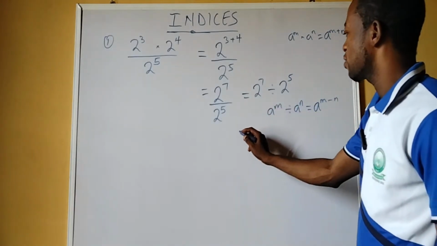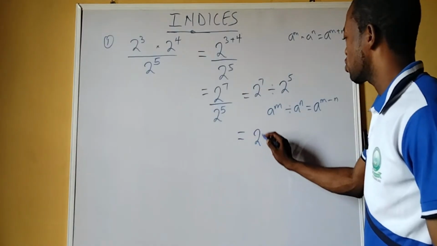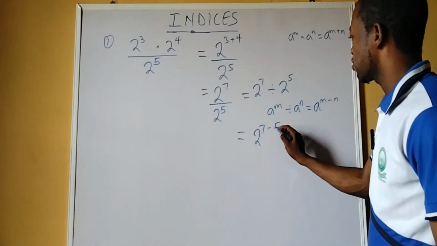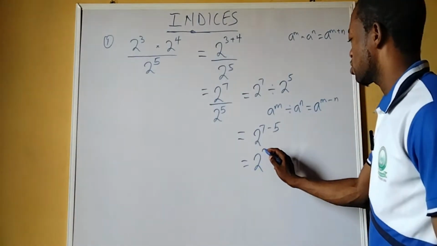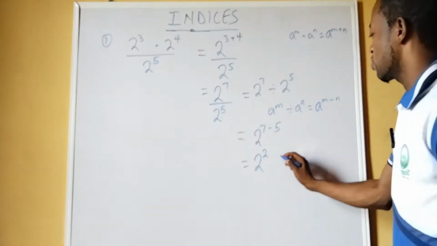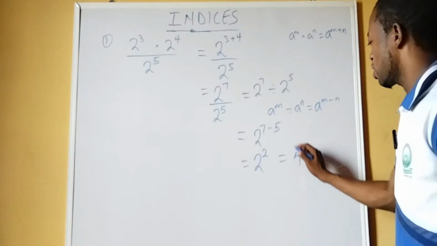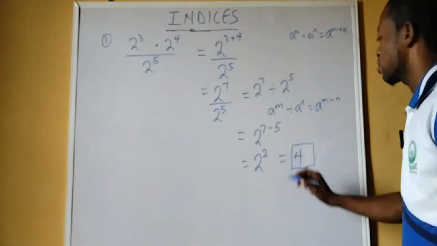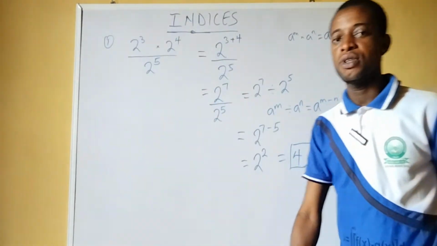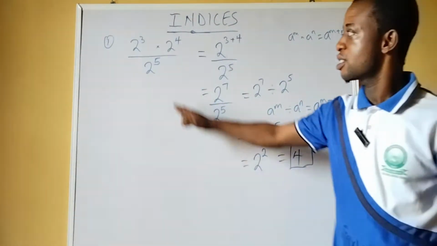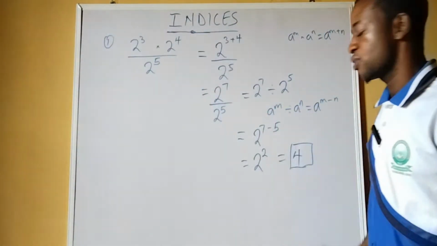So what we have now becomes 2 raised to power 7 minus 5, which is now 2 squared, and which is 4. So we have this as the final answer to the expression we have here. So it's a very interesting application of the laws of indices.